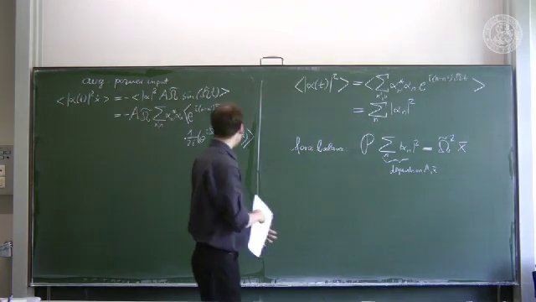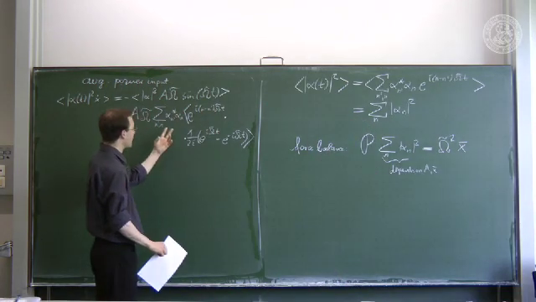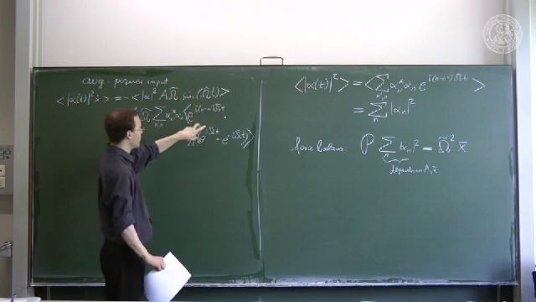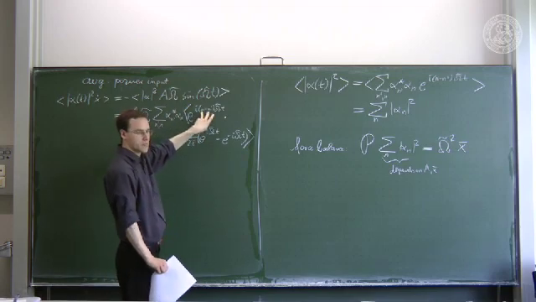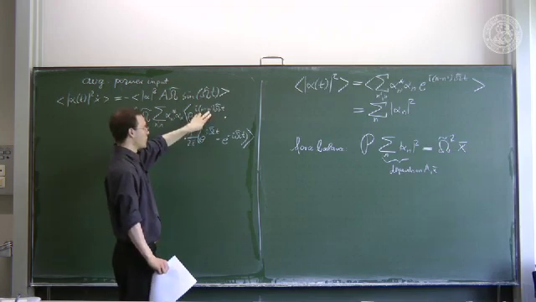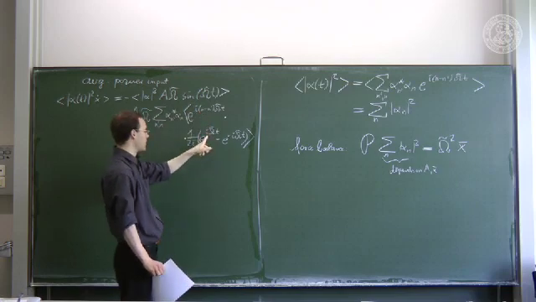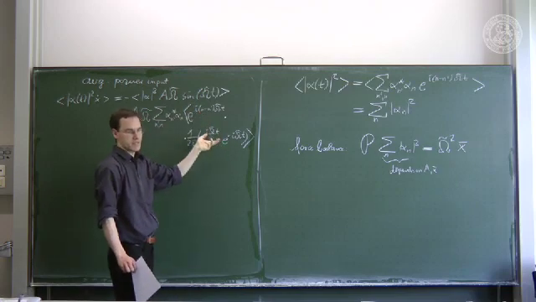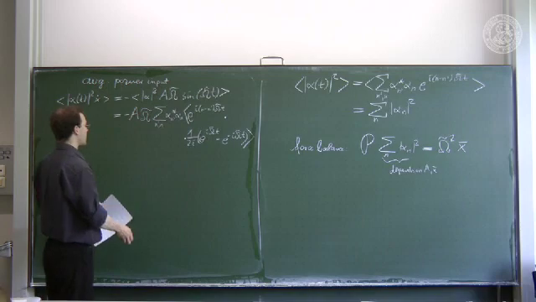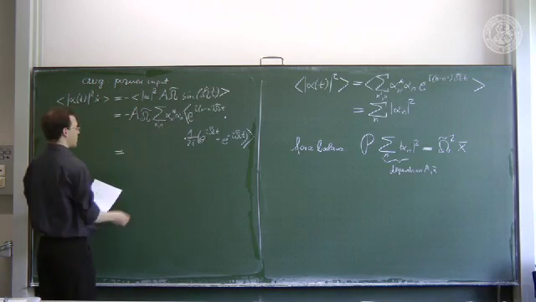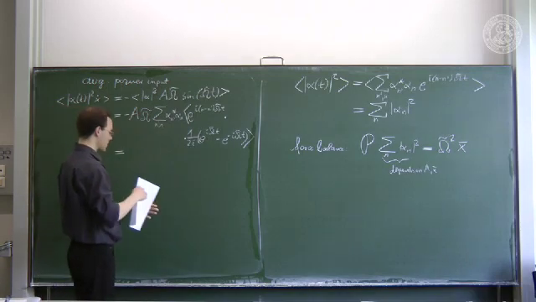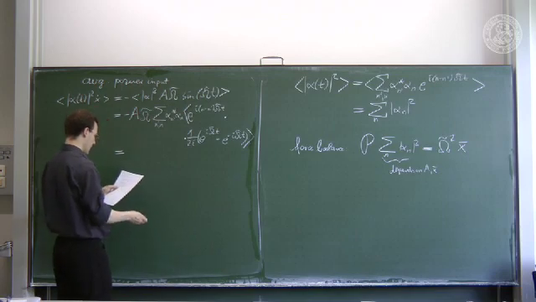Okay, so what this means is that now, in order to have a non-vanishing time average, no longer do I need n prime equals n, but I need n prime equals n plus or minus 1, depending on which factor from the sine I put in. So that's the idea. And so in the end, again, I can reduce this to a single sum.